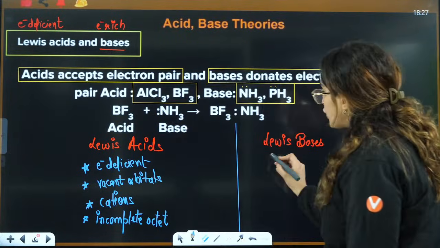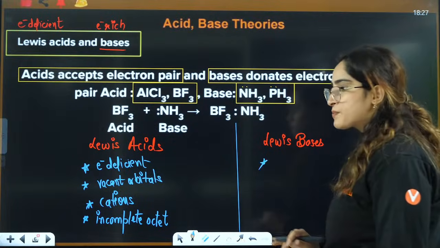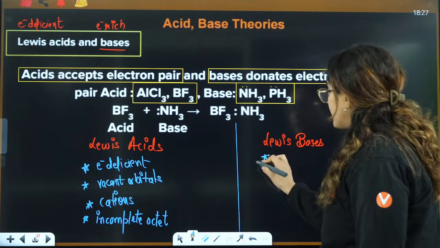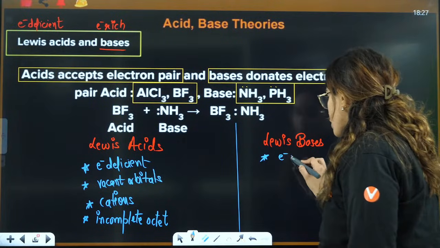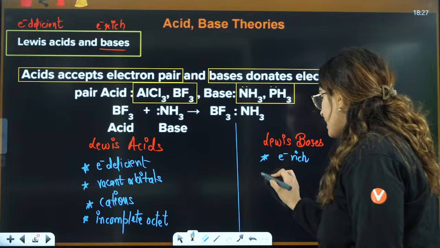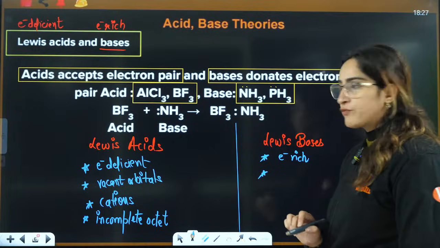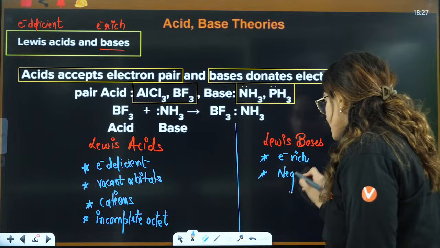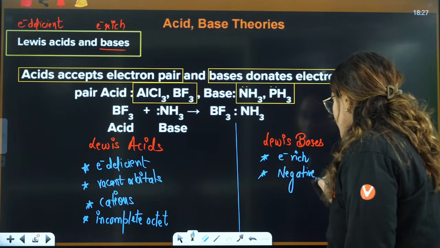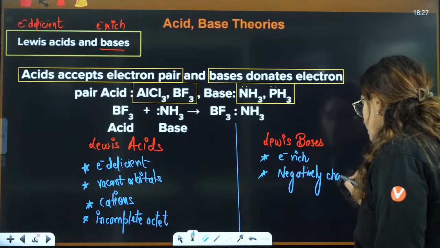Then you talk about Lewis bases. In Lewis bases, they are electron rich, right? If they are electron rich, then we can say they are negatively charged. They are not positively charged.